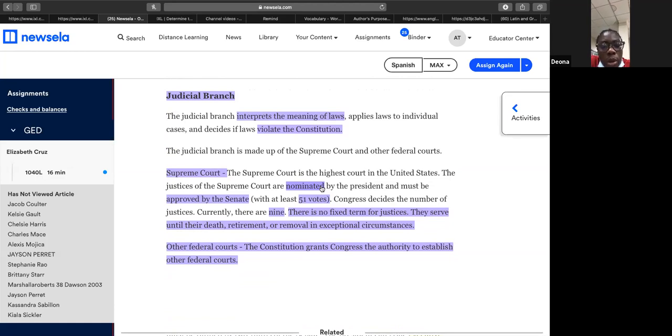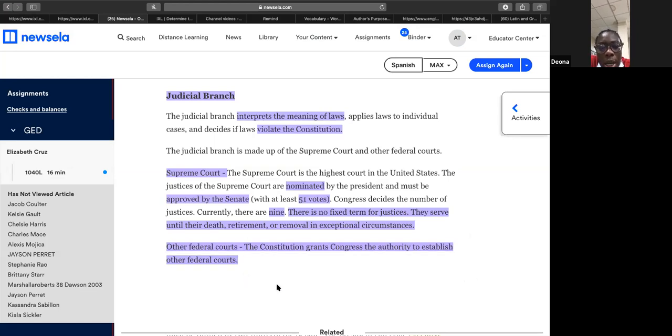The Supreme Court is the highest court in the United States. The justices of the Supreme Court are nominated by the president and must be approved by the Senate, with at least 51 votes. Congress decides the number of justices.